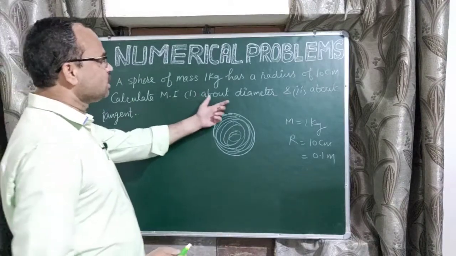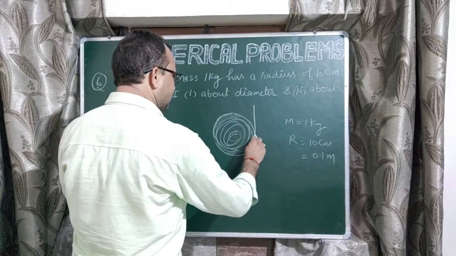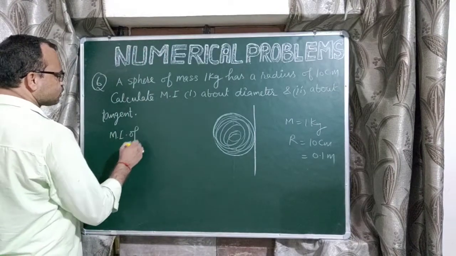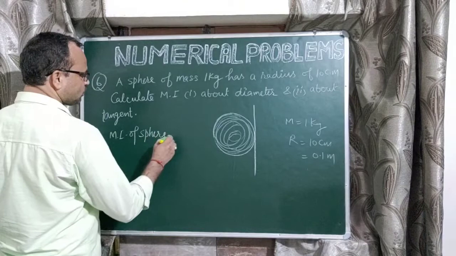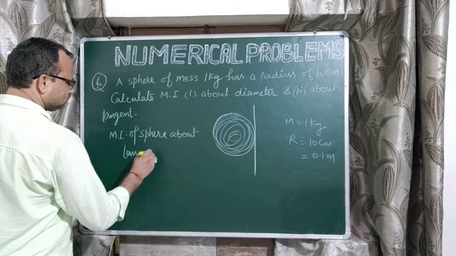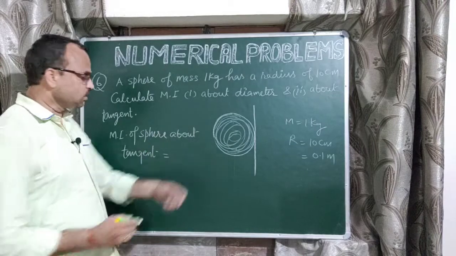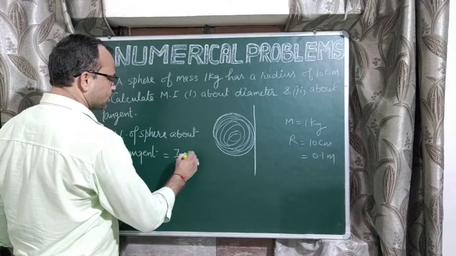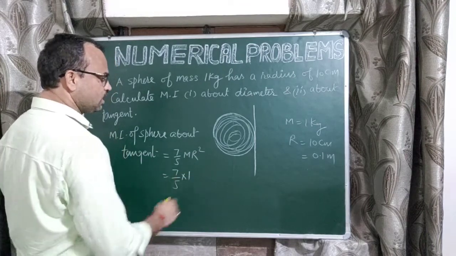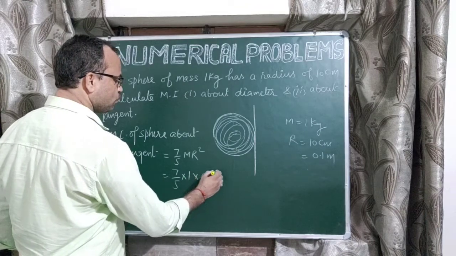Now in the second part, when the axis passes through its tangent, this is the tangent axis. So the moment of inertia of the sphere about the tangent equals 2 upon 5 plus 1, meaning 7 upon 5 mr square. So 7/5, the value of mass is 1, and r square means 0.01.